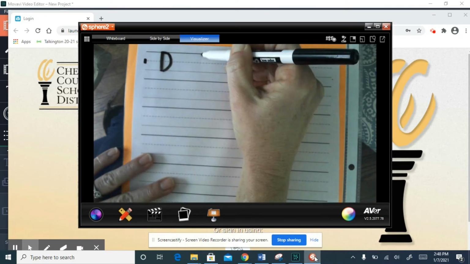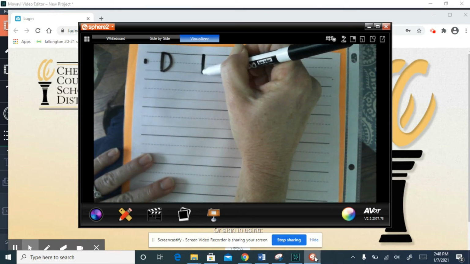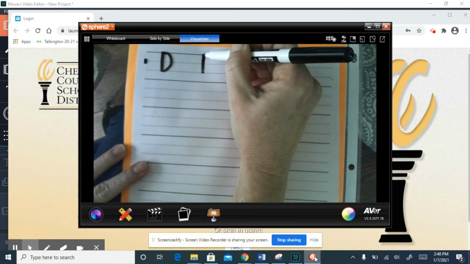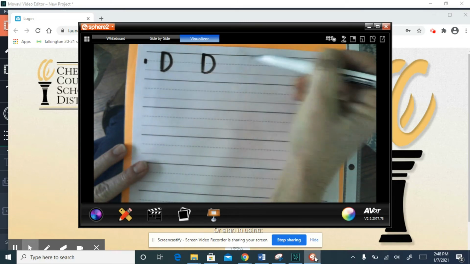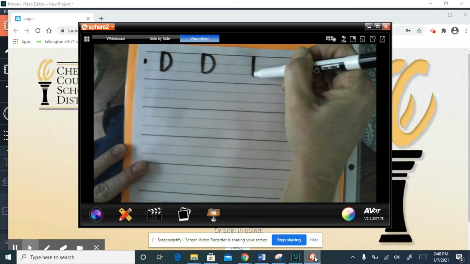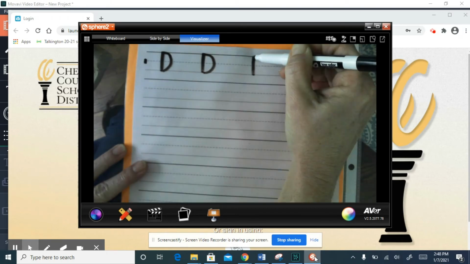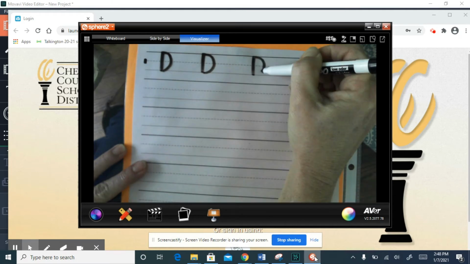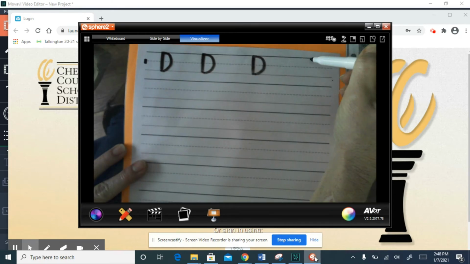Same thing, start at the top, pick your pencil up, make your curved line from top to bottom. Starting at the top, line down, start back at the top, curved line from top to bottom. Last one, starting at the top, go down, pick your pencil up, curve from the top to the bottom.